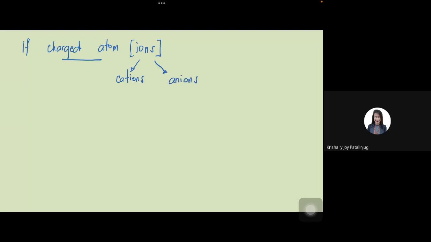Okay, so if ever a charged atom is given and you are asked to identify the number of electrons, take note the proton number this time is not equivalent to the number of electrons because it's already charged. It carries a charge, a positive charge or a negative charge.